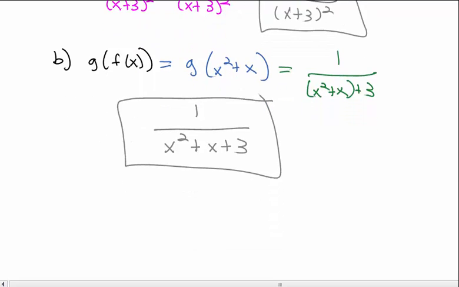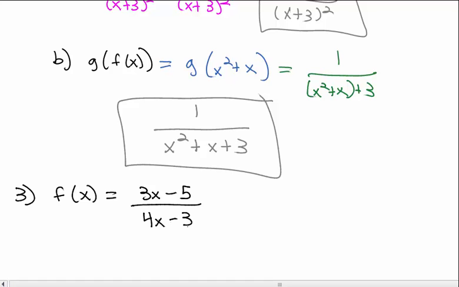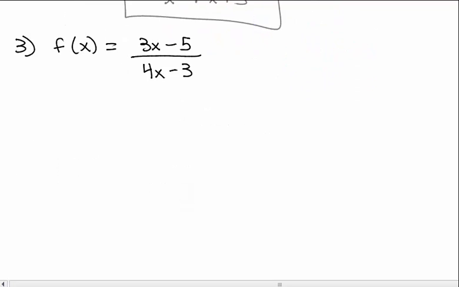Now here's an interesting one. Let's say, oops, not C, this is number 3. Let's say f of x equals 3x minus 5 over 4x minus 3. And we're going to find f of f of x. We're going to compose this fraction with itself.